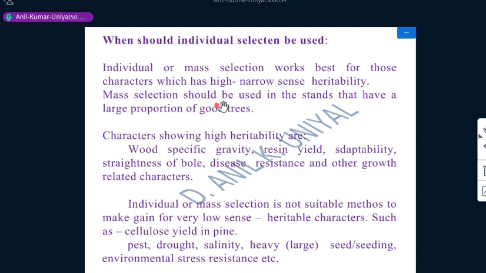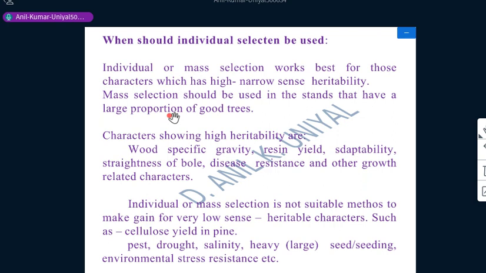Mass selection should be used in stands that have a large proportion of good trees. We can go for a larger number of tree selections if we have more stocking of good trees in that forest.